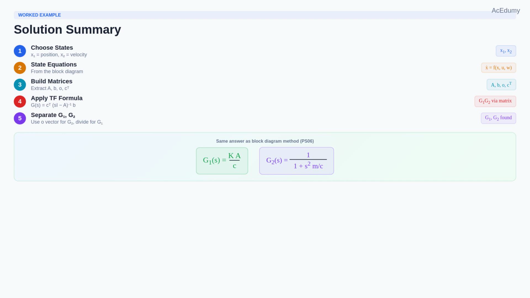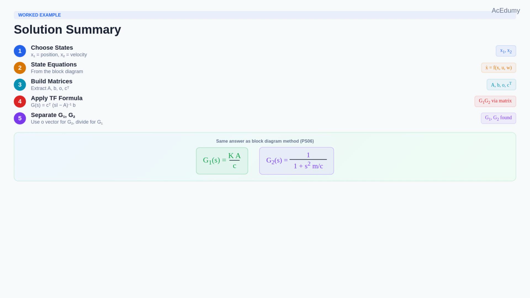We extracted the A, B, O, C matrices. Step 4. We computed (sI minus A) inverse, then applied the C transpose (sI minus A) inverse B formula to get G1 G2. Step 5. We used the O vector to get G2 alone, then divided to get G1.